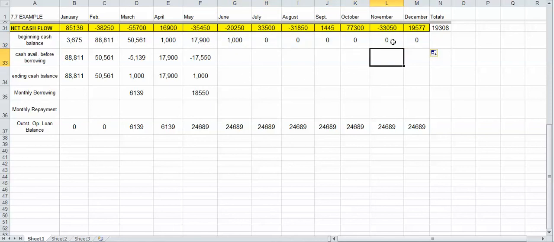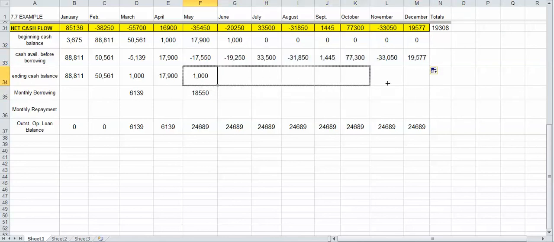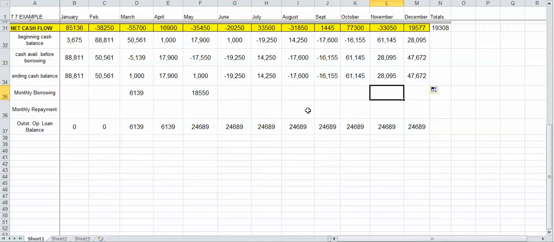I went ahead and expanded that row of cells. I'm going to do that all the way across here because by now hopefully you have the idea of how we compute our beginning cash balances, our cash available for borrowing, and our ending cash balance.